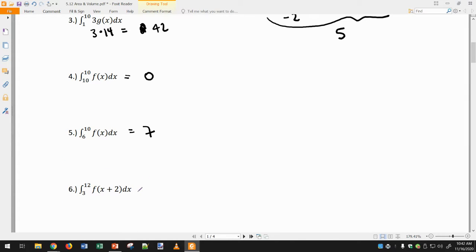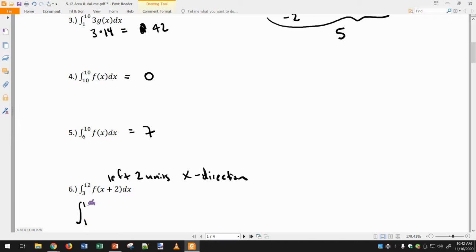Okay, and then the last one, this is a composition of functions. So f of x plus 2 inside parentheses means we're shifting f of x left 2 units. So that means we're shifting it in the x direction. So we have to subtract 2 from both of these.